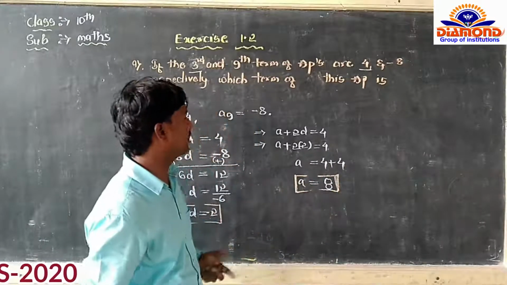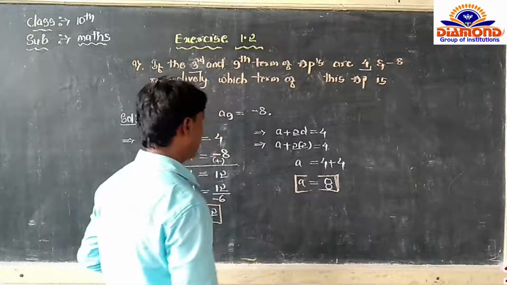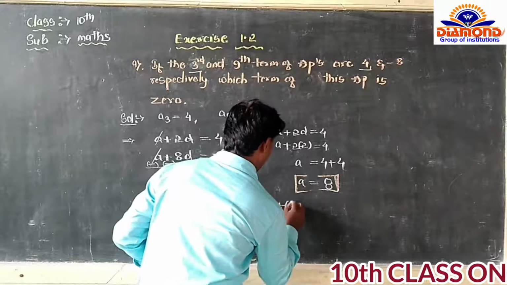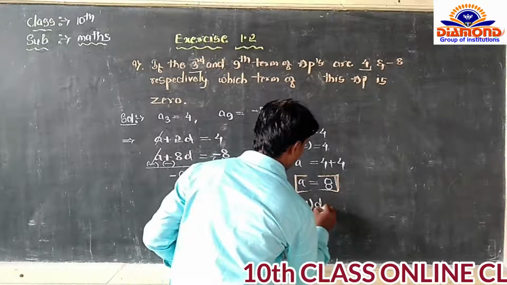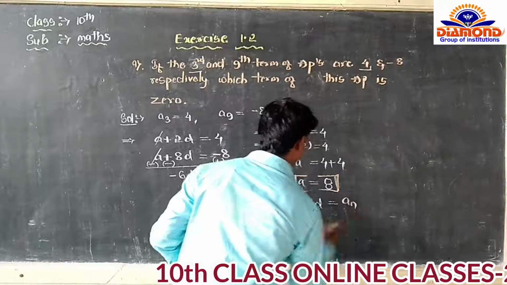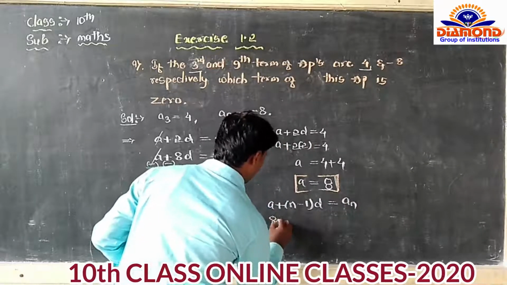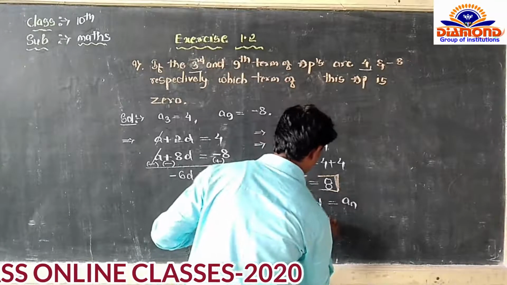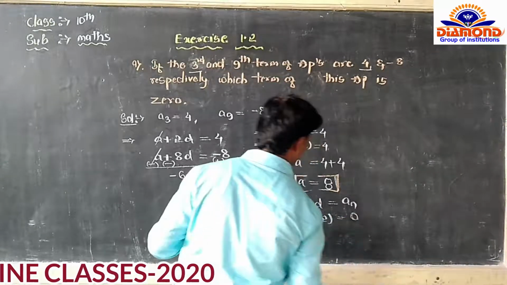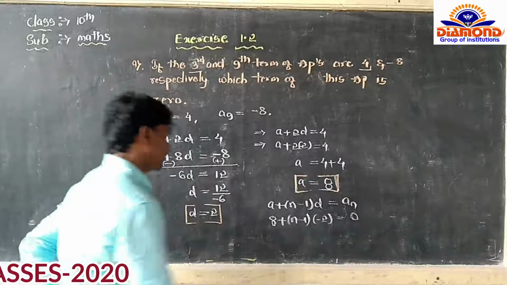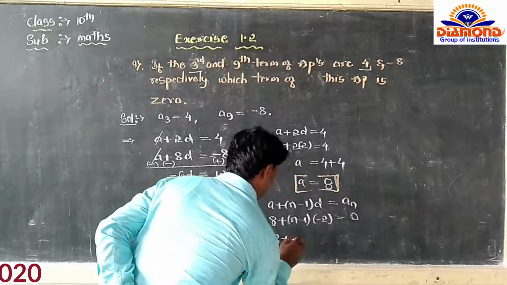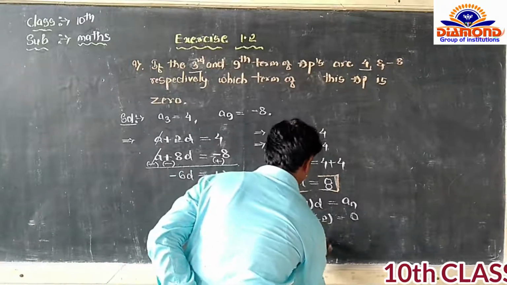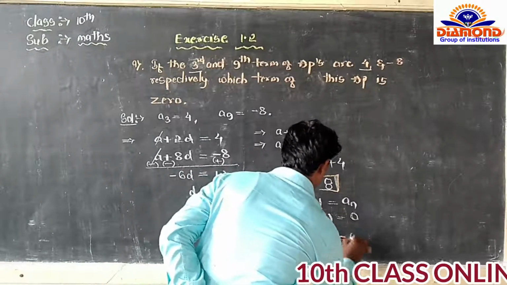Now we are finding which term is 0. Now look at here, A plus in the bracket n minus 1 bracket close D is equal to an. Now A value is 8 plus n minus 1 bracket close, common difference is equal to minus 2 and an is equal to 0. Now dear students, here A plus into minus 2n minus into minus plus 2 is equal to 0.